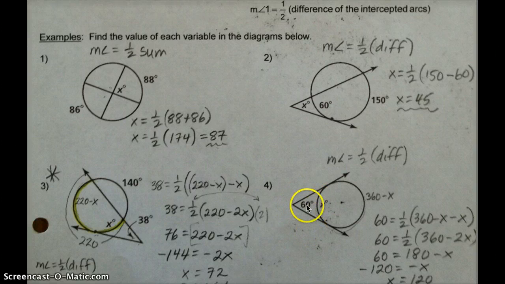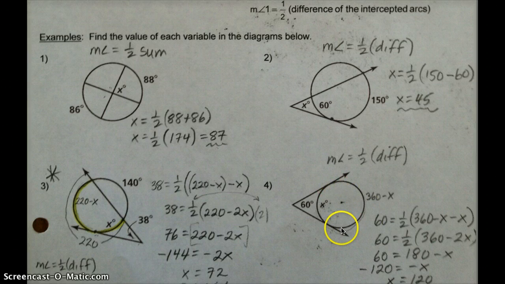So again, the measure of the angle is this angle that we're talking about. So we're going to put 60 in there. Then we have 1/2. And in this case, it's the entire circle. It gave us it was 220. We know the whole thing is 360. So x is this part from this point to this point where it hits the circle.